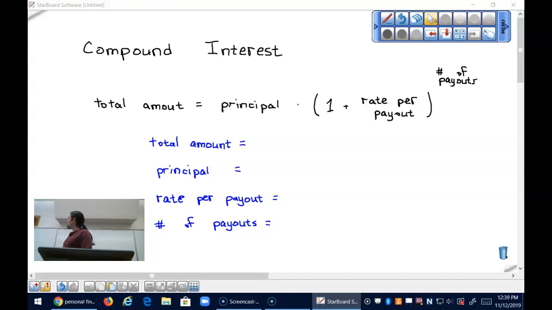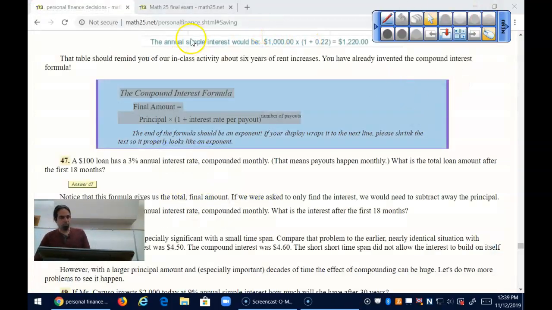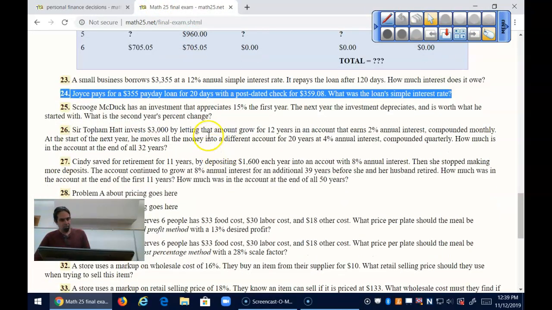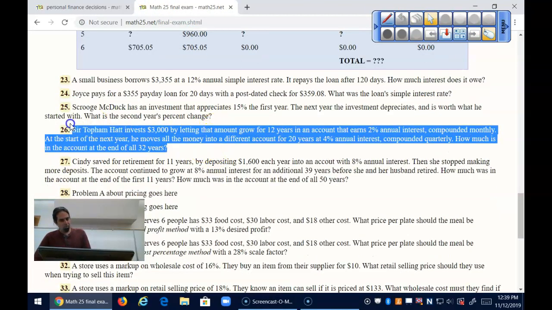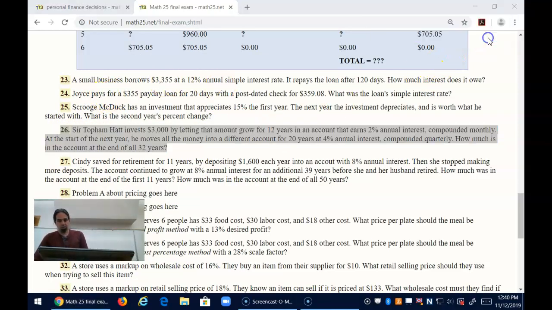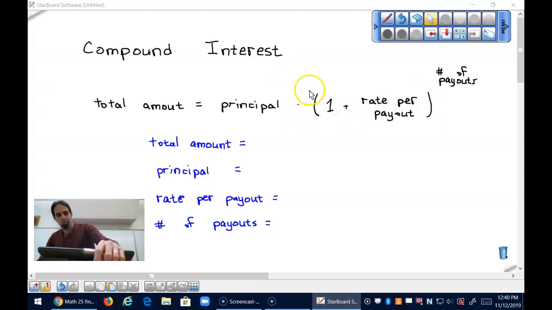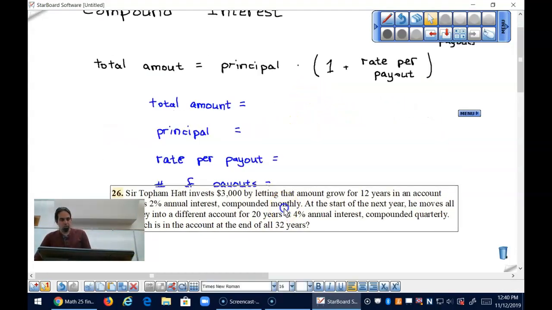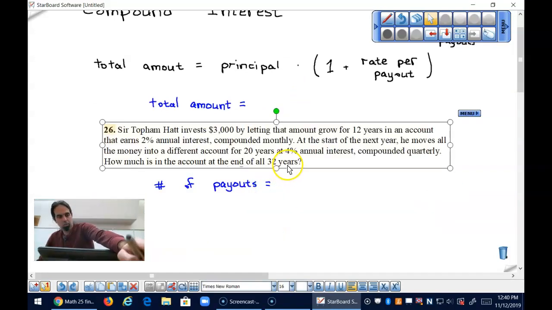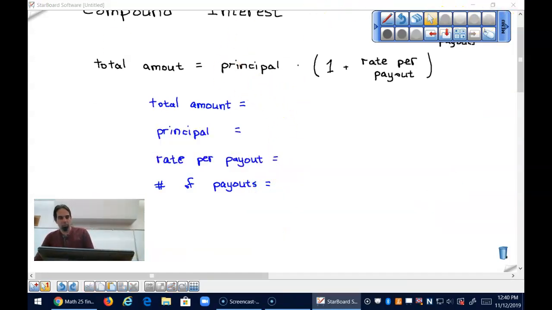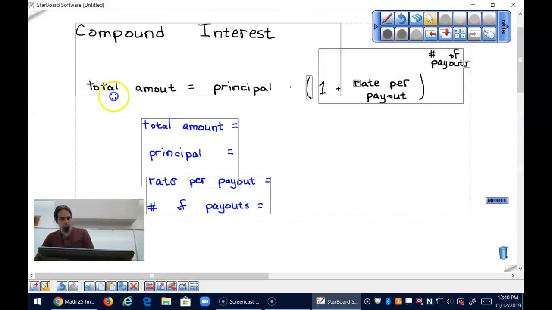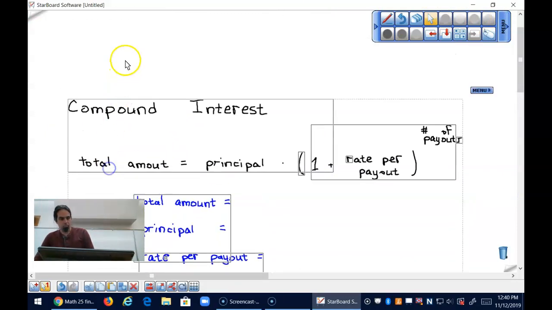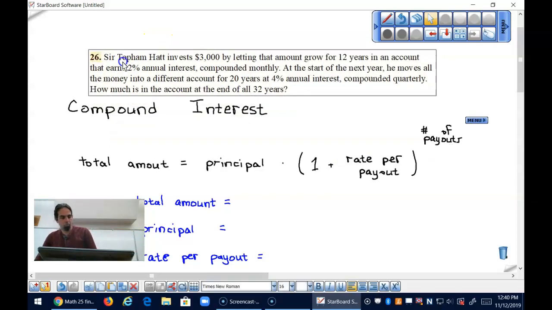So, let's look at a problem. I'm going to move this part down and paste our problem at the top.